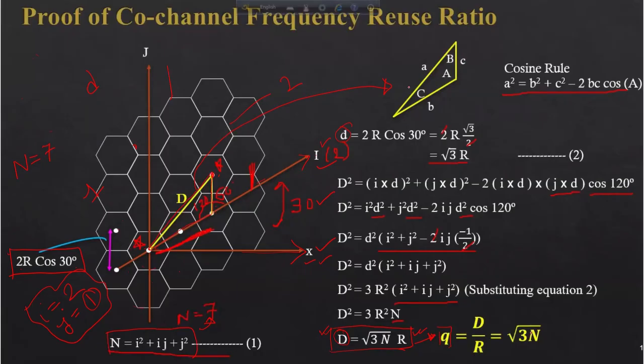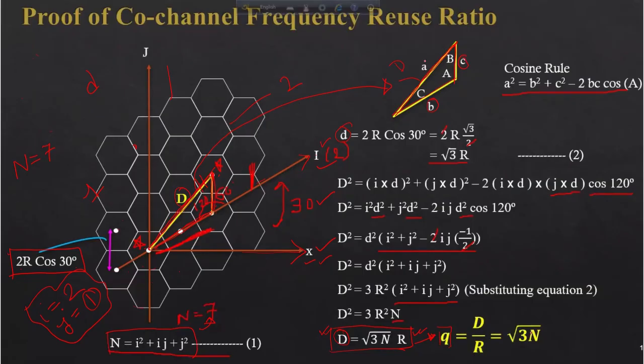So let's see, this is the capital D. This is denoted by small b, and this is denoted by small c, and this capital D is denoted by small a.